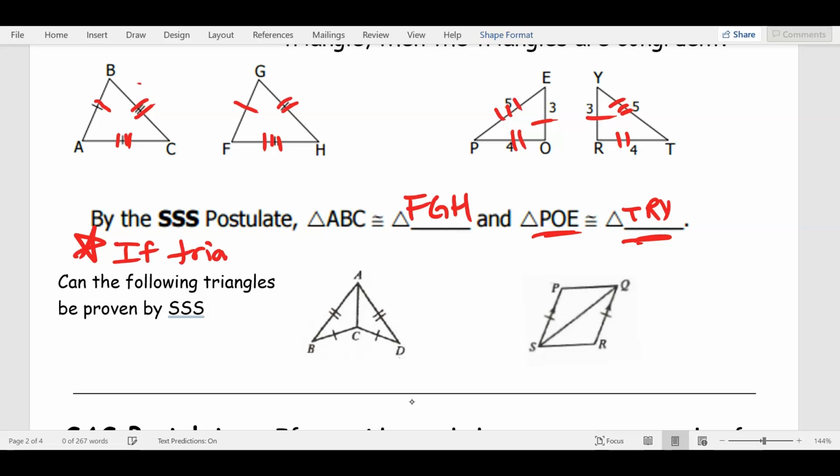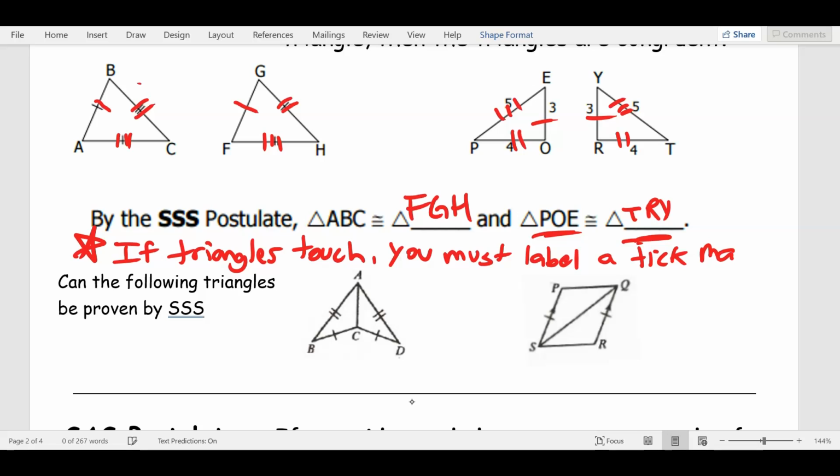If triangles touch, you must label a tick mark. Check it out. I'll let you finish writing.